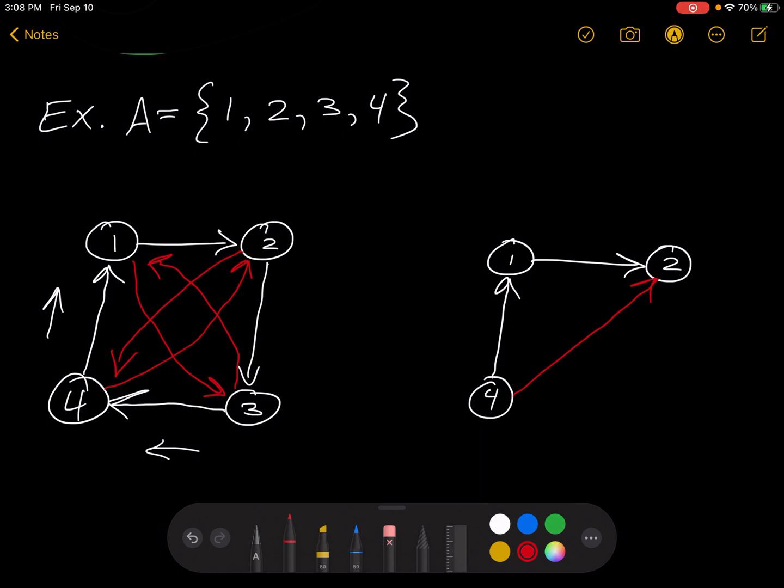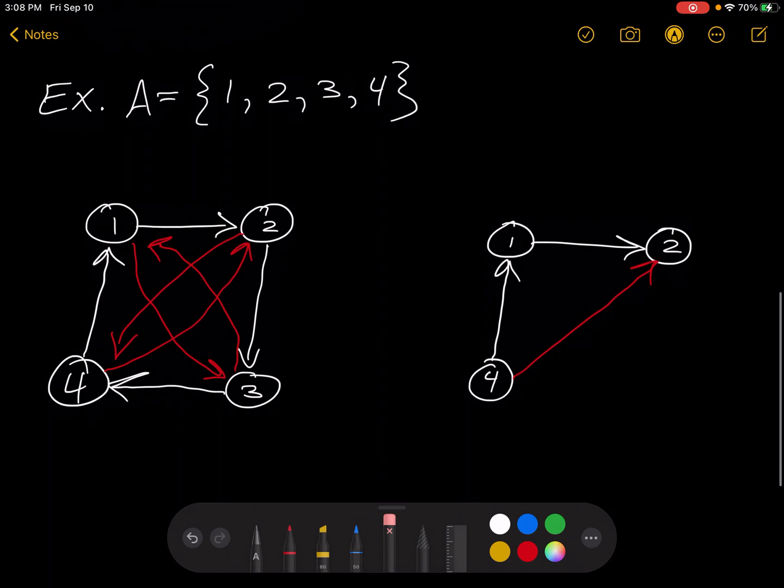Okay, so now is this new graph with the white and red edges on the left, is that transitive? And the answer is no. The reason it's not is because now we've created more of these general types of relationships after adding these red edges.